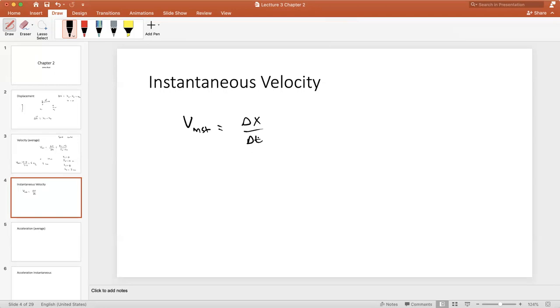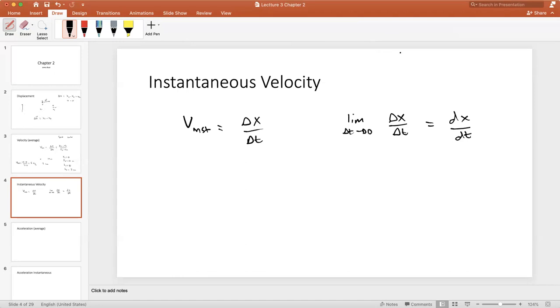Delta t becomes a moment in time, and so we get a change. We know how to do that. We take the limit as delta t goes to 0 of delta x over delta t, and that is actually a derivative. That is dx dt. Okay, so that is the change of position over the change of time as a derivative.